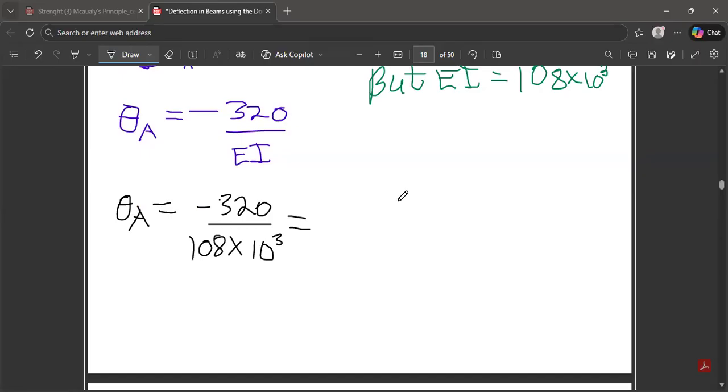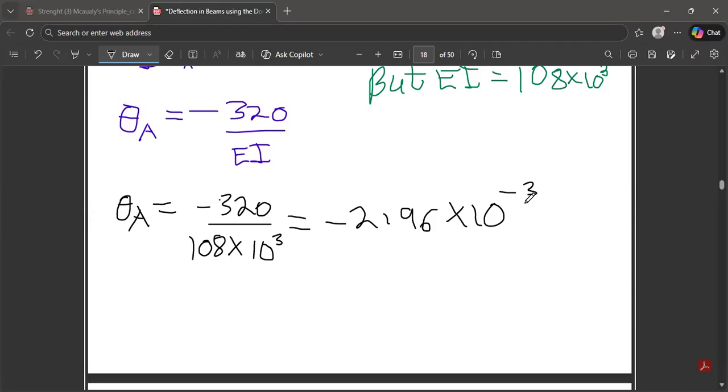And what are we all going to get? We are going to get minus 2.96, let's say 2.96, let's leave it this way, times 10 exponent negative 3.